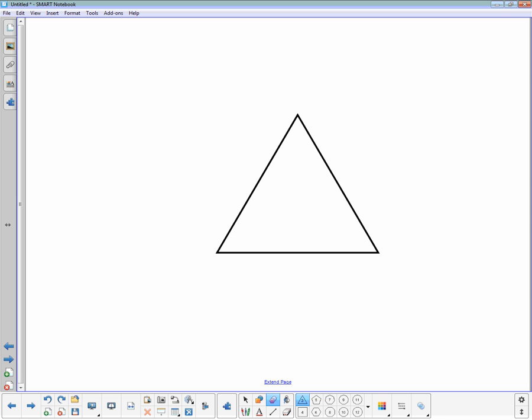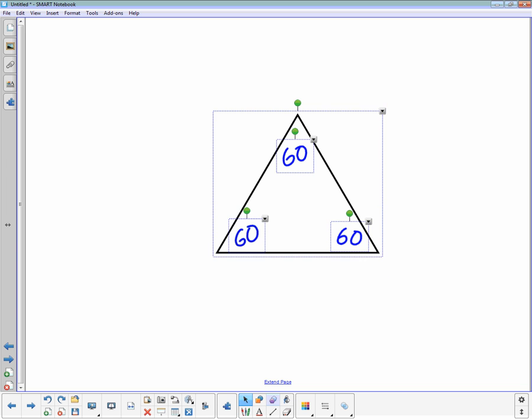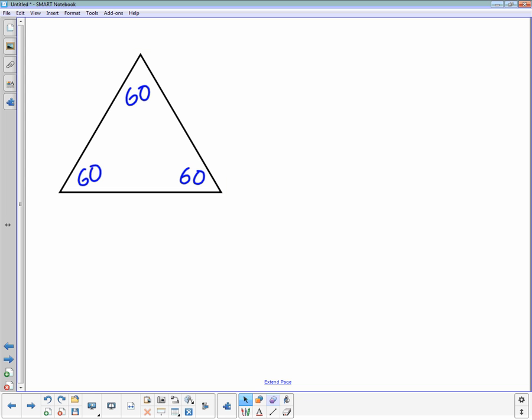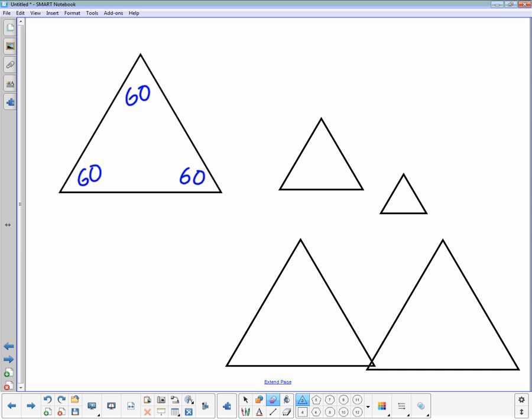What's the measurement if they're all equal? We know this. 60. Thank you. They're all 60s. All of those have the same three angles in them. But are they all congruent? No. They have to be the same size. So angle, angle, angle just doesn't work. Okay? That's why it's on the bad list.